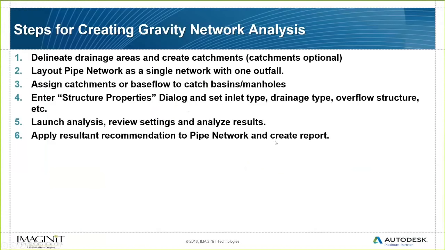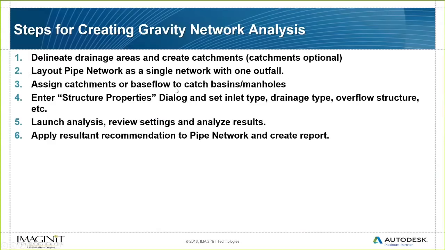Oh, I should have shown you this slide. That was actually the process I was going to go through for that gravity network, so I'll mention it now. I delineated my catchment areas, and I laid out my pipe network based on where the low points were going to drain to.